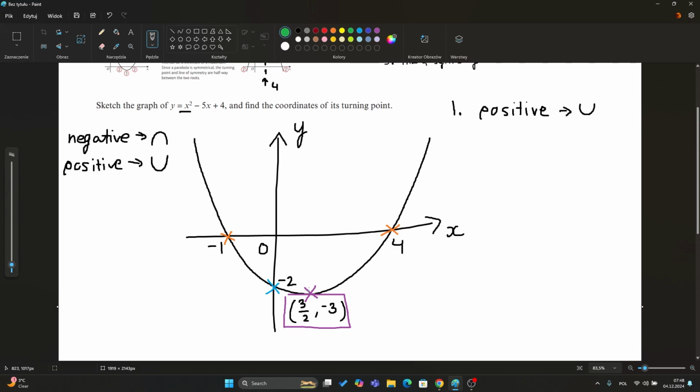Also you have a line of symmetry, which is usually the x coordinate of the turning point, and it is halfway between the solutions. They have an equal distance, and the line of symmetry goes through the turning point.